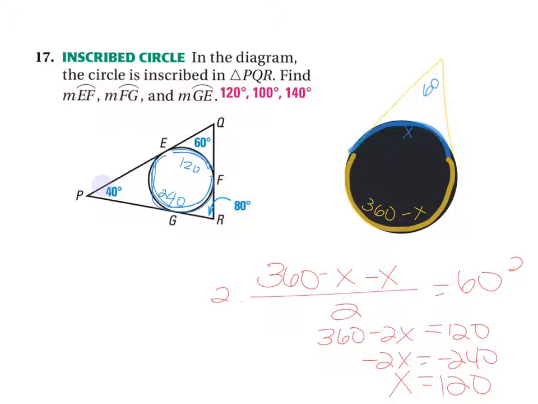So now pretend that you have angle R and not the other two, because we could start there. So a circle, two tangents, R is 80 degrees. Let's say we call this x. What would be the rest of the circle? 360 minus x.